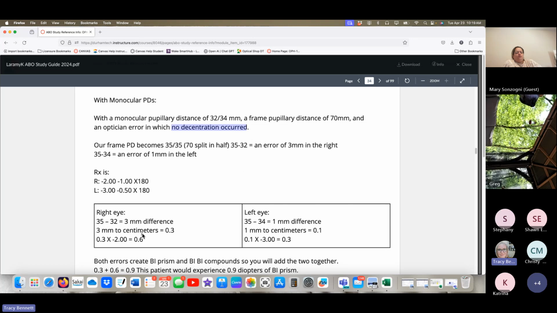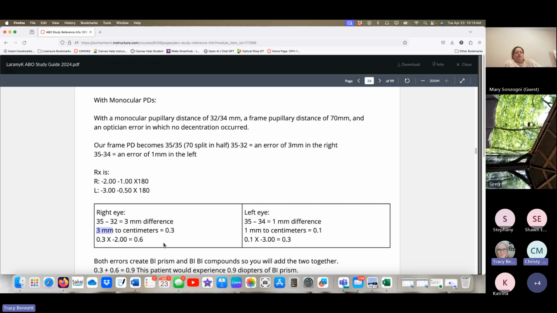So that's what lets us know that we need to use that 3 millimeters in Prentice rule, because that's the distance away from where we need to be. The eye is looking 3 millimeters away from where the optical center is. So then we put that into Prentice rule and we say 3 millimeters times the 2 diopter power divided by 10 gives us 0.6 diopters of prism.